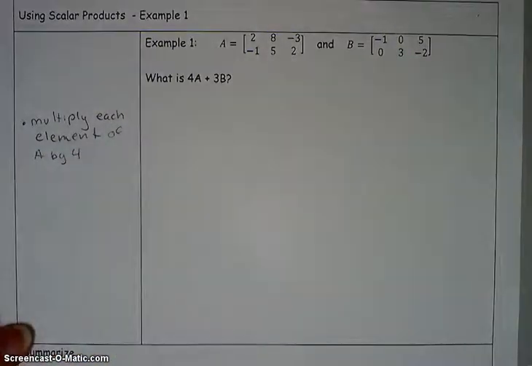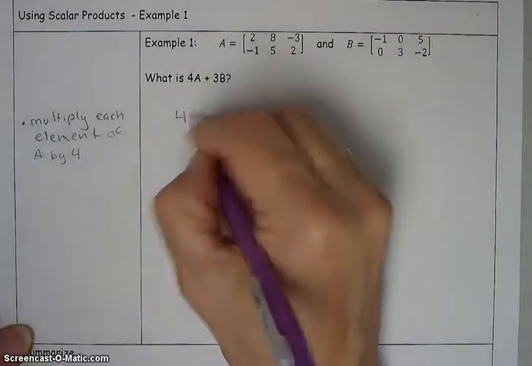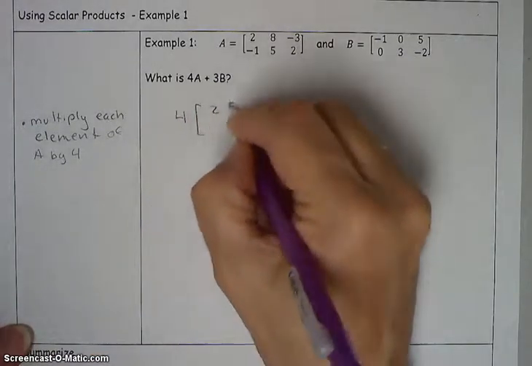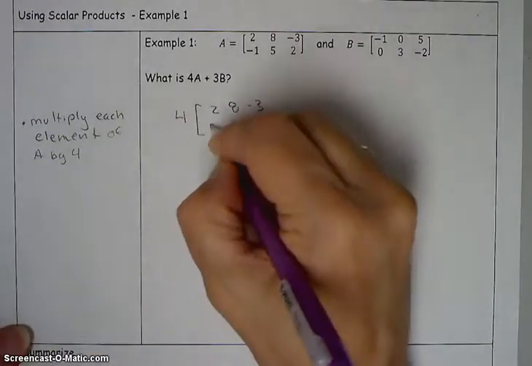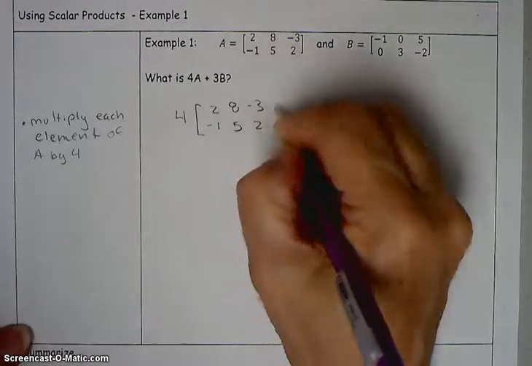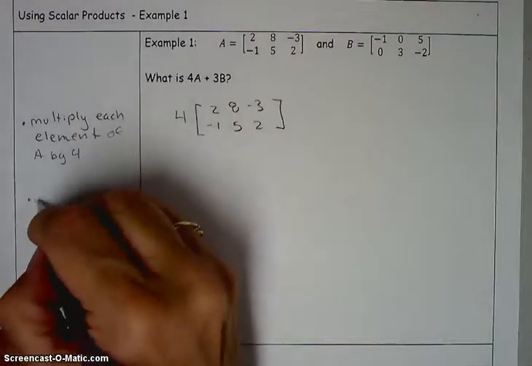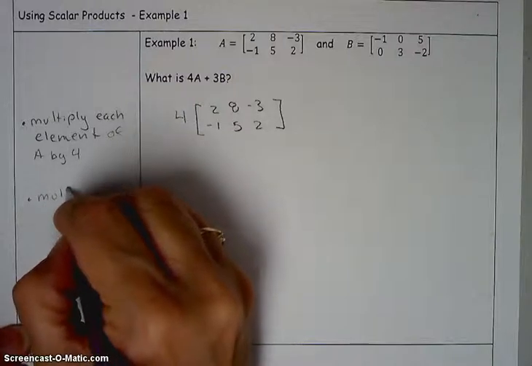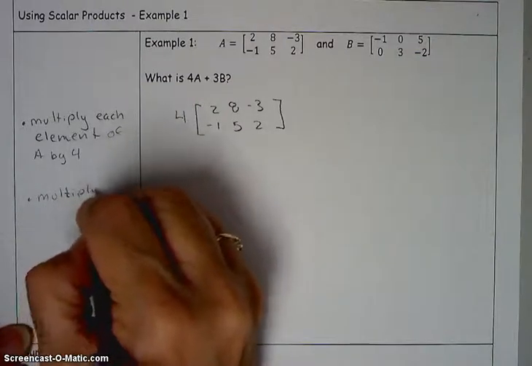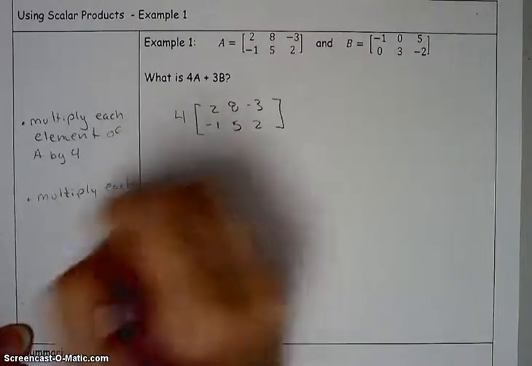Okay, so you're going to write that like 4 times the matrix 2, 8, negative 3, negative 1, 5, 2. And then you're going to multiply each element of B by 3.